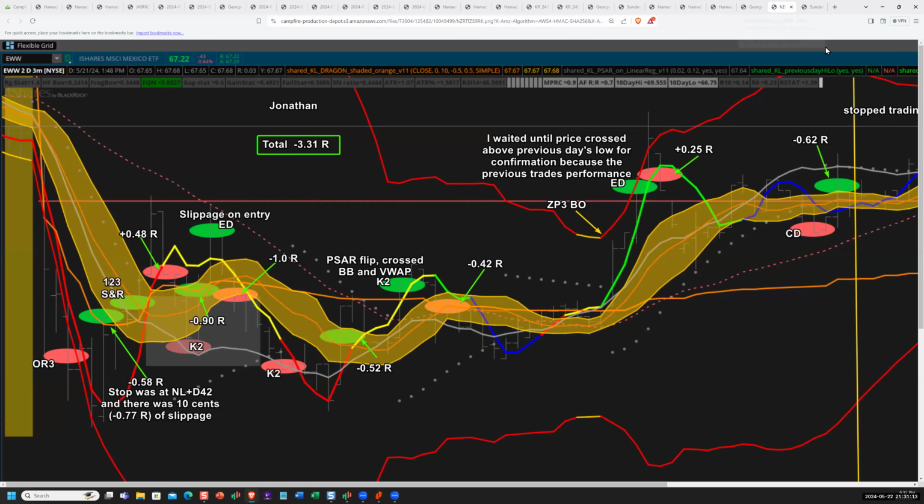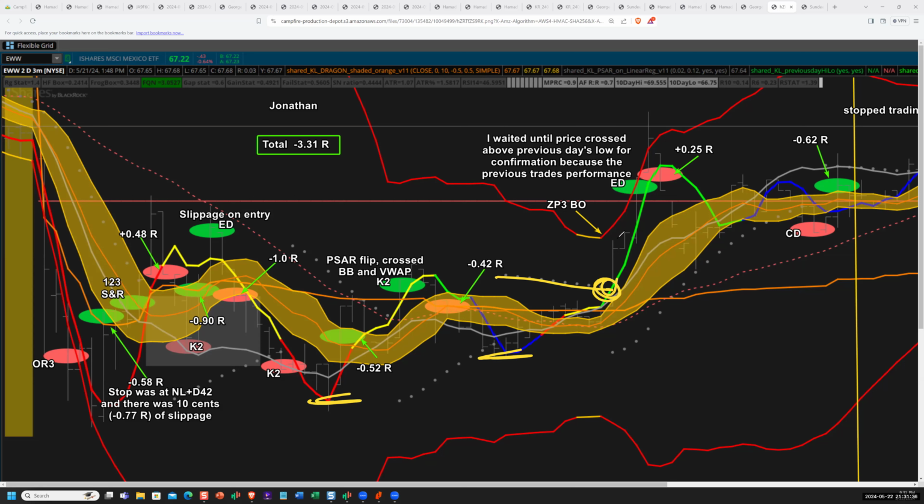Jonathan, yeah, today was a tough one in EWW. I wouldn't do much different, except as you noted on the crossing of this Kata 2 right here.